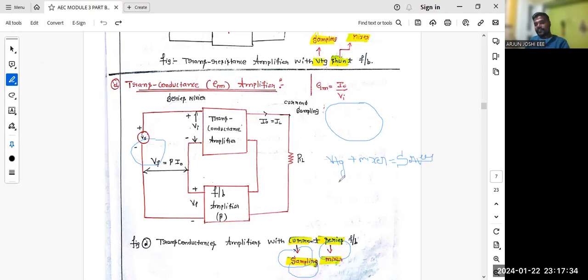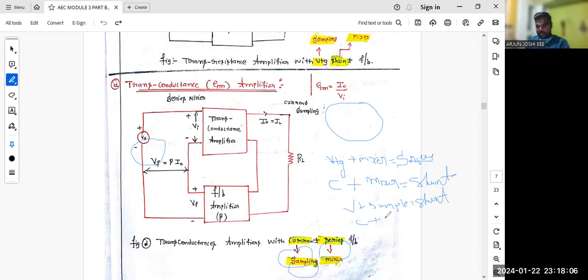If it is a current, in that time in the mixer side, we need to connect it as shunt. In the sampler side, if voltage is there, we need to connect vice versa: shunt in the output side.